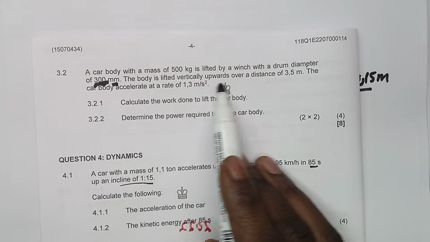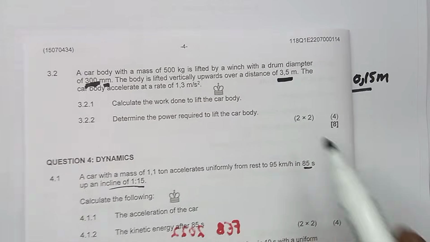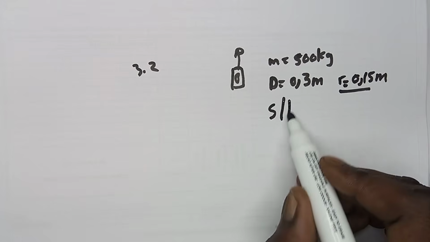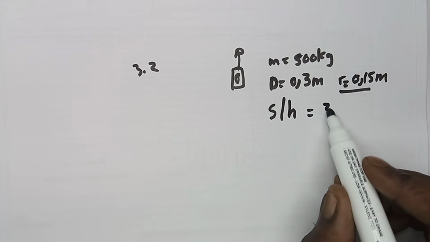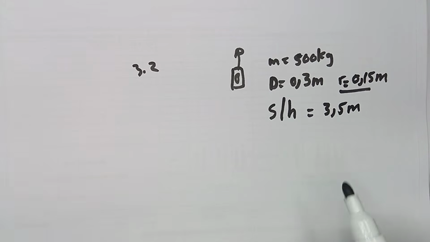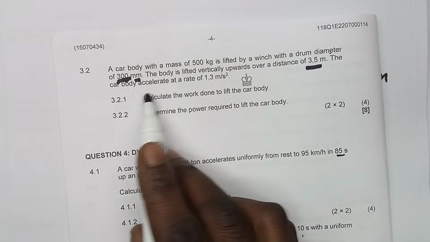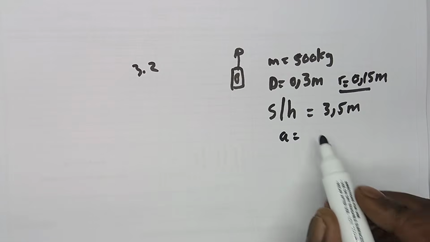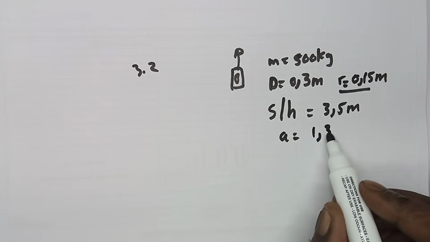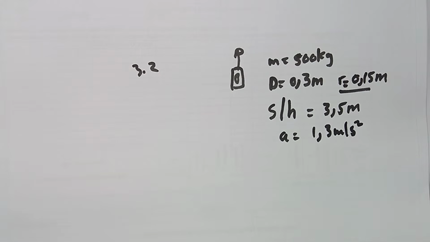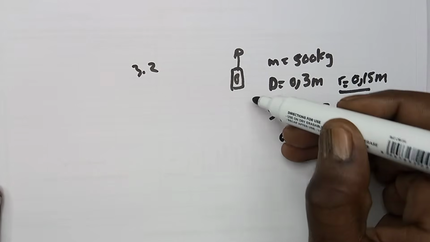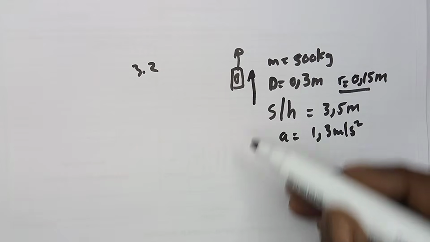The body is lifted vertically upwards over a distance. So you're given the distance, which is actually the height, and you can just put it as s, or the height. It accelerates at a rate of, which means you're also given the acceleration of 1.3 meters per square second. So this is the concept, guys, that is happening here. We have gravitational acceleration, and this is going up because it's being taken upwards.